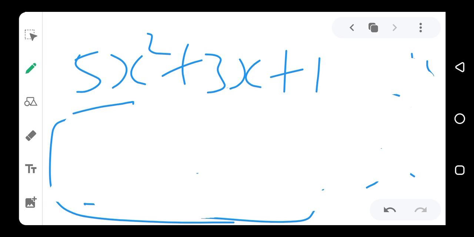This is the first term, this is different from this, and this is different from this. 5x raised to power 2 has the same variable as 3x, but this has an exponent of 2, while this has an exponent of 1, and this is a constant. So we have three different terms here. So this is a trinomial.